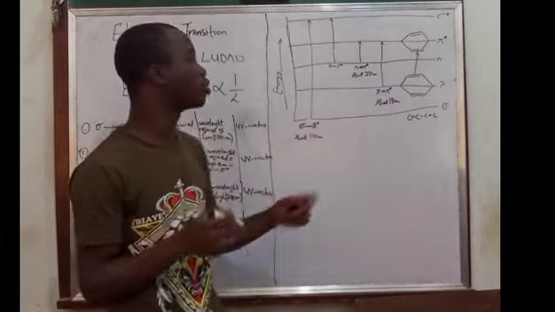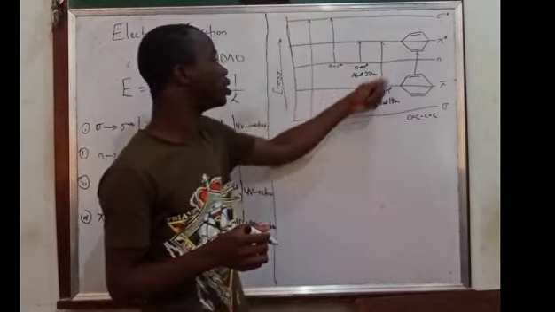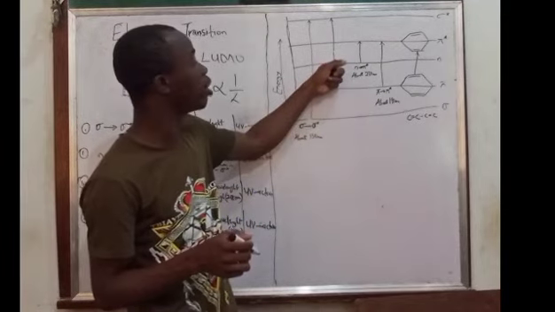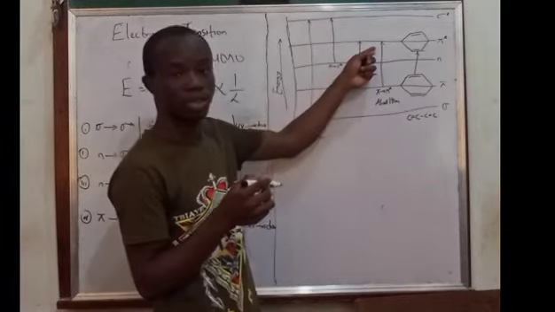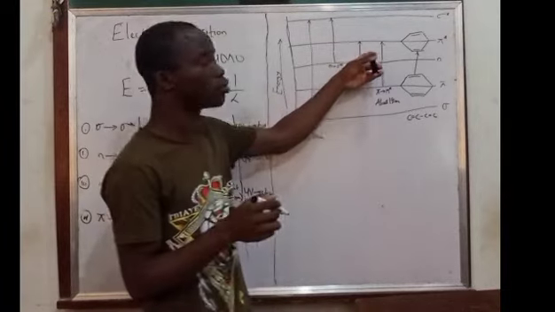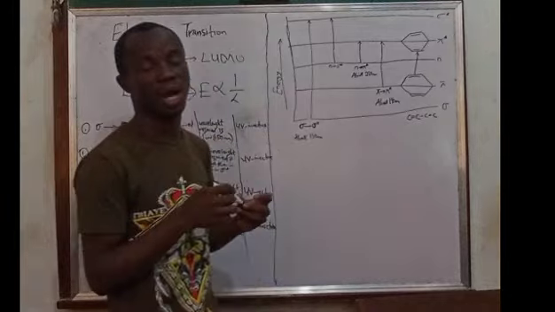Another thing to take note of is that the gap between the pi to pi antibonding and the gap between the non-bonding molecular orbital to the sigma antibonding are somewhat similar compared to this one. So these two will require higher energy compared to this one, and that implies that they will require light of lesser wavelength.